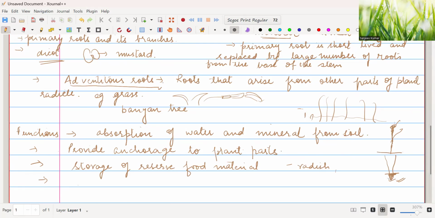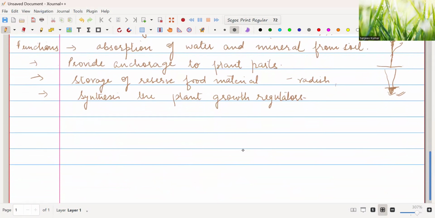This part synthesizes plant growth regulators such as auxins, cytokinins, or gibberellins. So this way we can say that different roots play different roles.